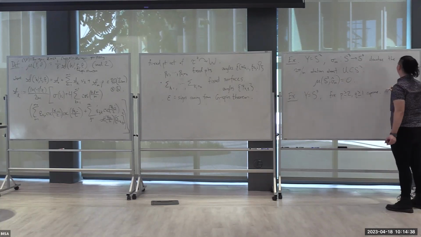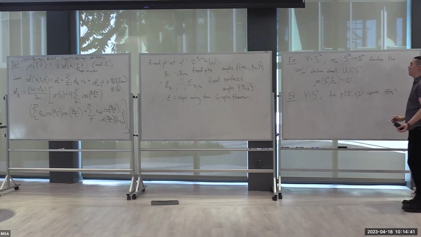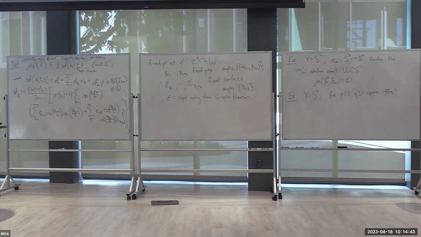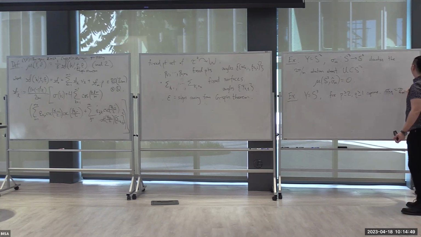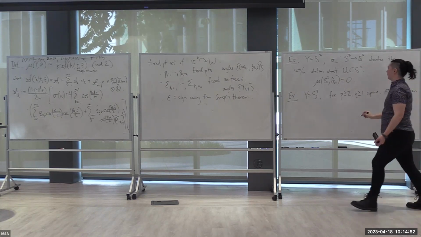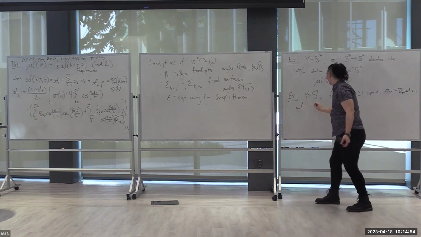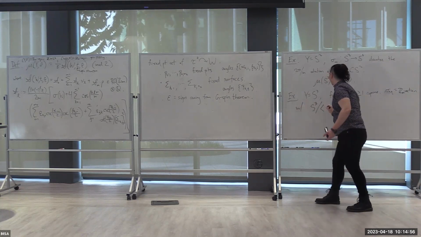Okay, that's sigma pq, the usual circle action on S3, which realizes it as a lens space. Then S3 with this discrete action.